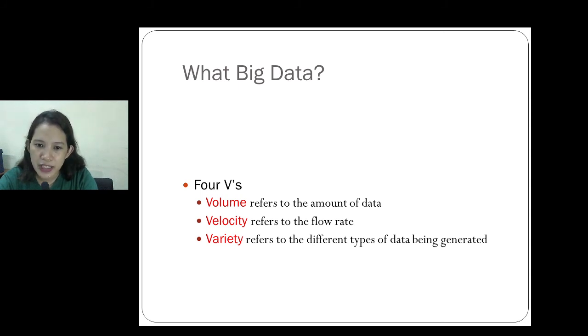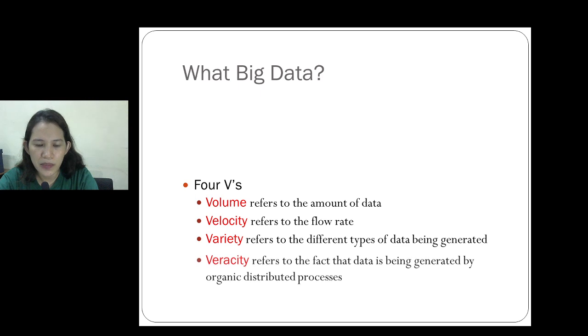It can be of type currency, dates, numbers, text, etc. Veracity refers to the fact that data is being generated by organic, distributed processes. Example, millions of people signing up for services or free downloads and not subject to the controls or quality checks that apply to data collected for a study.